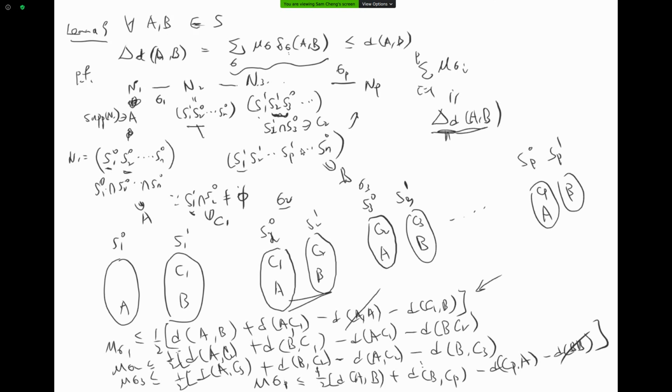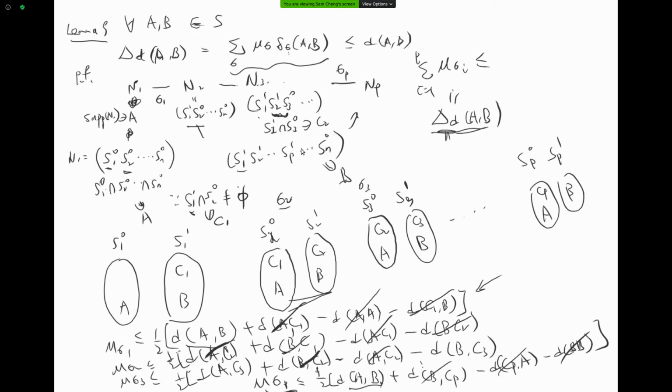And the right hand side, if I add them all together, you see I will get lots of cancellation. This cancels with this guy here, this cancels with this one here, and so on and so forth. So eventually everything cancels except d AB from the last inequality and half d AB from the first inequality.